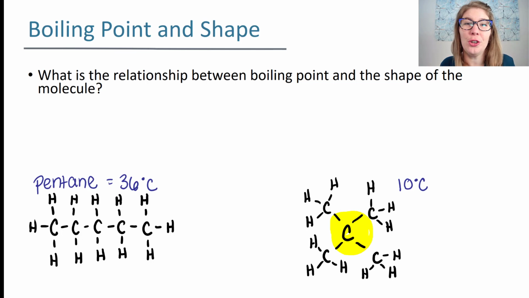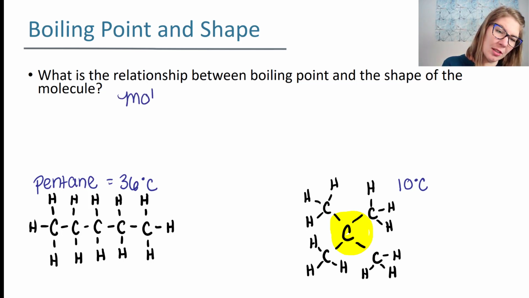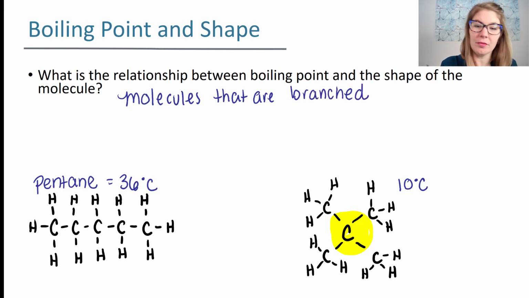That is such a huge difference for going from something that is just straight in a line to something that is branched. Let's go ahead and summarize the relationship here. Molecules that are branched do not have the ability to be attracted to other molecules as easily. So they have weaker intermolecular forces.